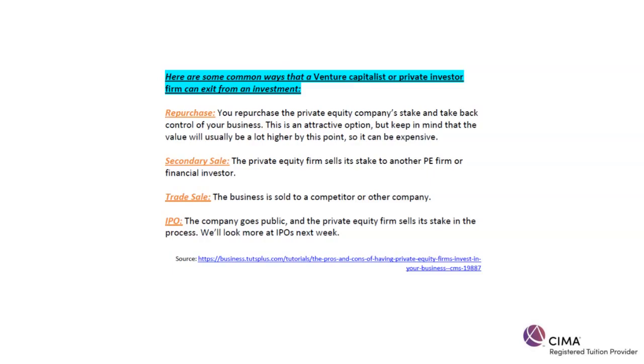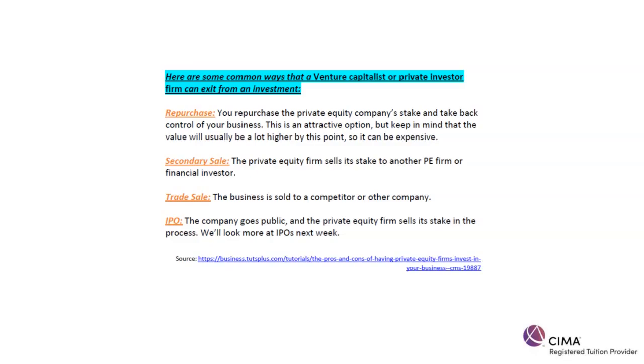Second is a secondary sale: one private equity firm sells it to another private equity firm. Very common is an IPO. These venture capitalists and private equity firms are going to push for the company to go public in the near future, which means once it is listed, they can sell their shares for a handsome profit and exit.